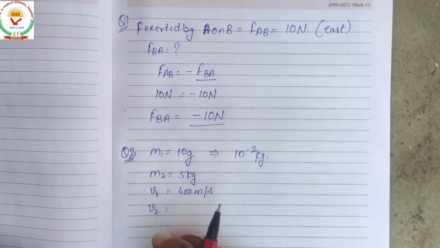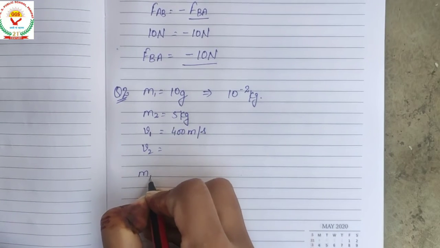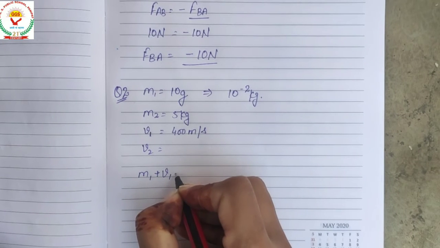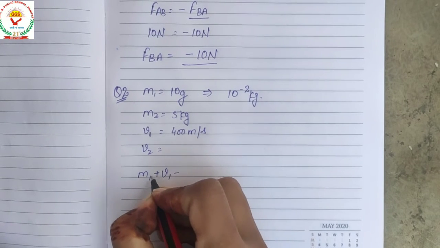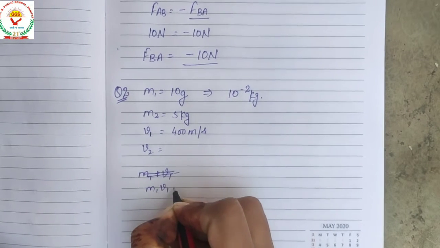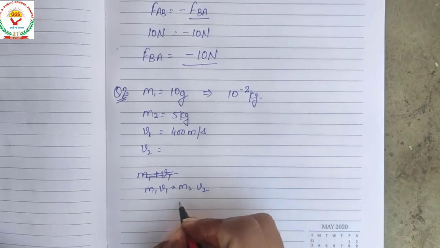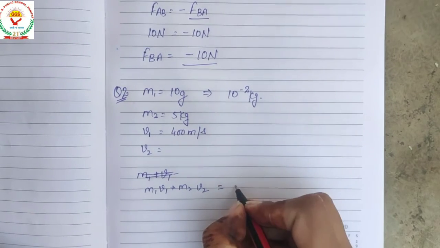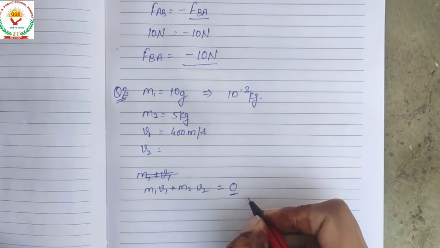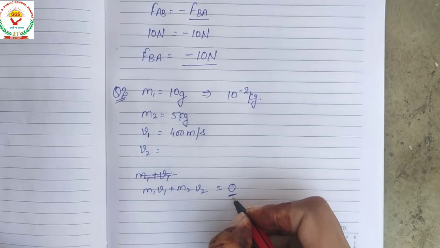Okay, so we have the formula M1 V1 plus M2 V2 is equal to 0. Why have we taken 0? Because after firing, the velocity of the gun will become 0.